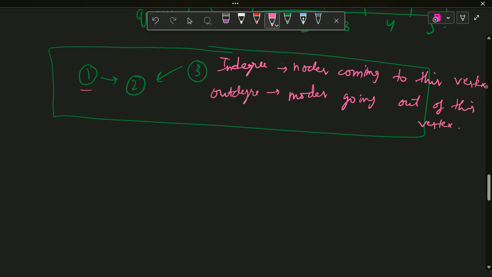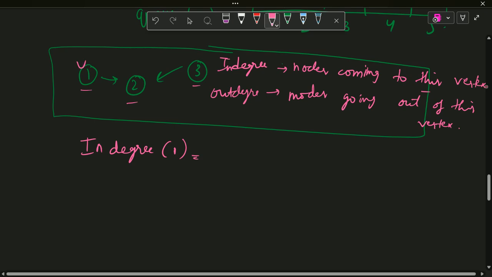Let's see the in-degree and out-degree of this graph. The in-degree of 1 is the number of nodes coming to this vertex. No nodes are coming to it, so the in-degree of 1 is 0.